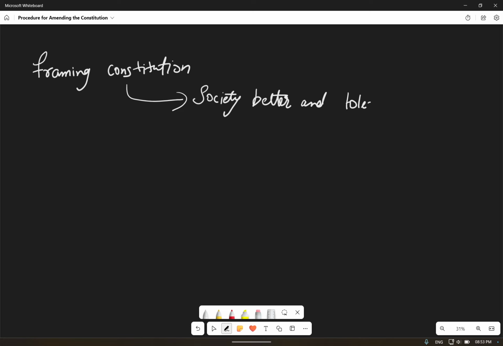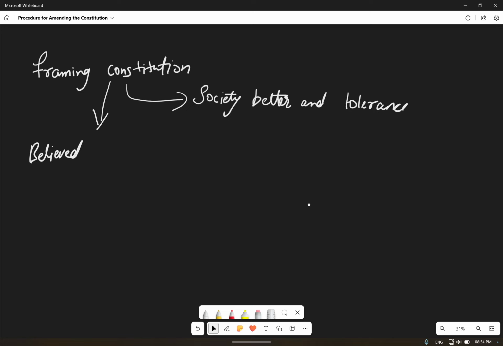And they believed that as time goes by, there will be required changes as per society's needs, because society evolves over a period of time, and that's why they also provided the provision for the amendment of the constitution.